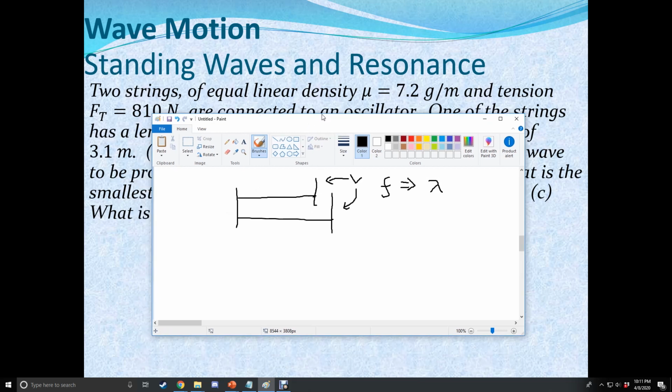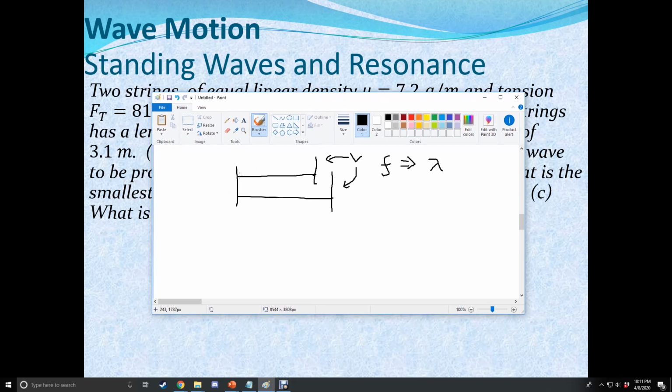Now, if you recall, the main condition is that the points at the ends have to be nodes. And then, since we know that they have to have the same wavelength, that means this string should look almost identical to this one up until the location where it ends up being the same length as the first string.